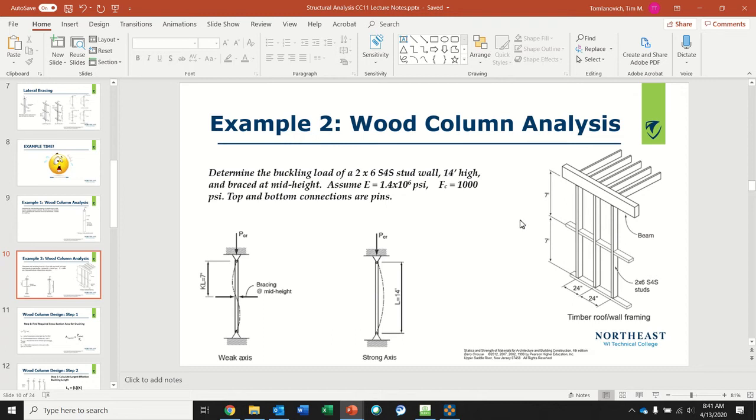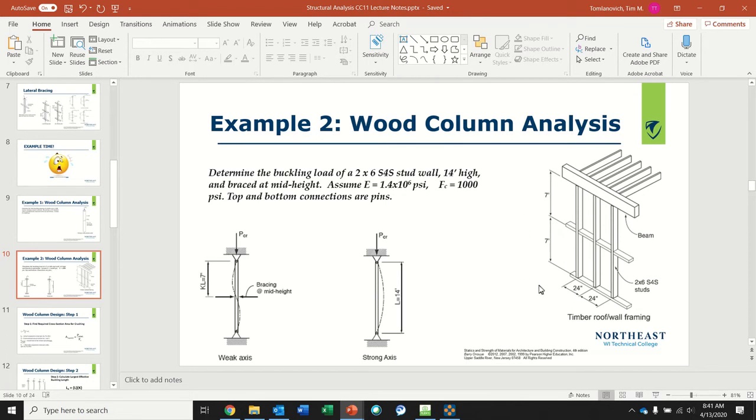My modulus of elasticity equals 1.4 times 10 to the 6 pounds per square inch, and my allowable compressive stress, capital F, equals 1,000 pounds per square inch. Top and bottom are pin connected.